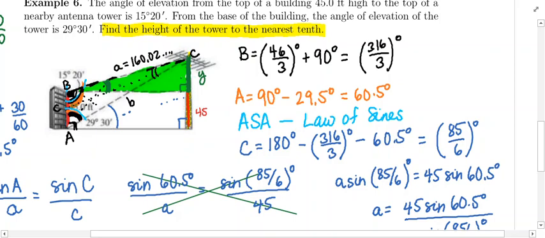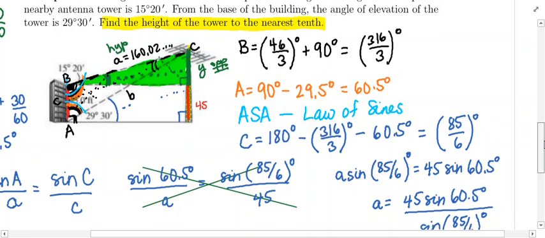So we're going to be able to set up a right triangle ratio because we know enough. If we go across from this angle, that's our unknown. This is the opposite side. And if we go across from the right angle, side A is the hypotenuse. So we're looking for the opposite and we know the hypotenuse for this particular angle.